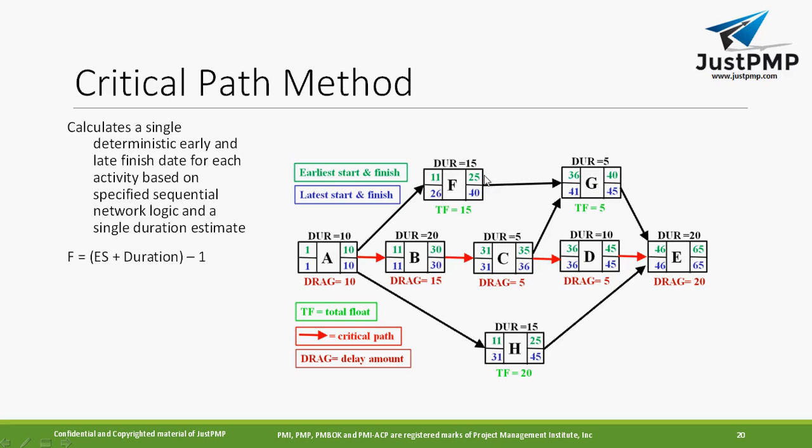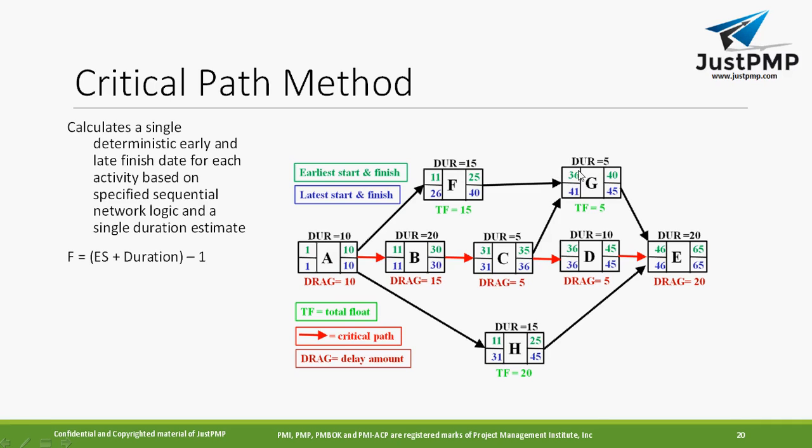I can't start at 26, because until C is completed, G cannot start. F is completed, that's fine, but C was not completed. That's why you have to take the maximum. So instead of 25 and 35, which one do you take? That is 35 plus 1, the next day I will start, that is 36.